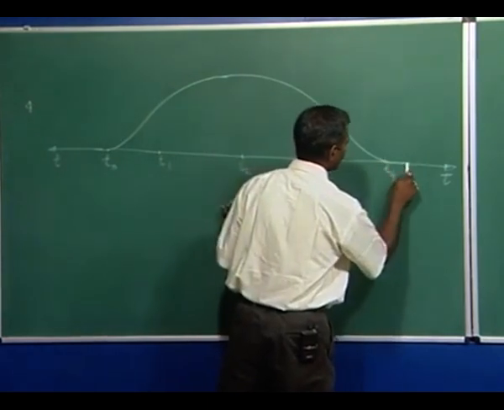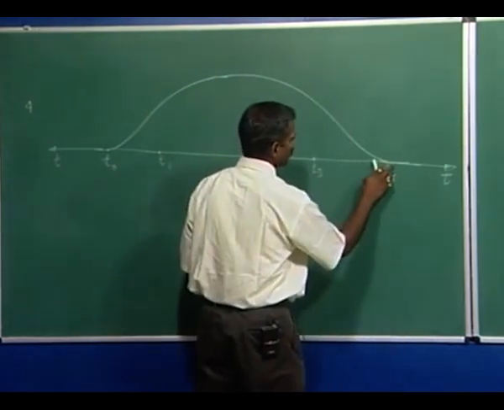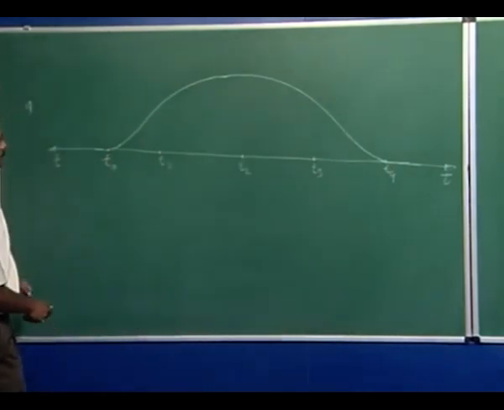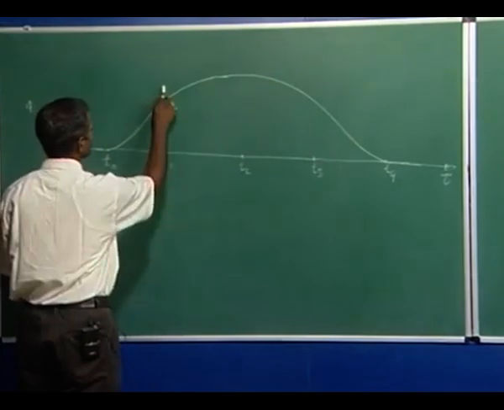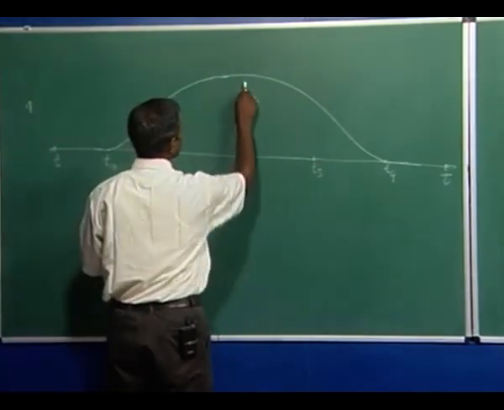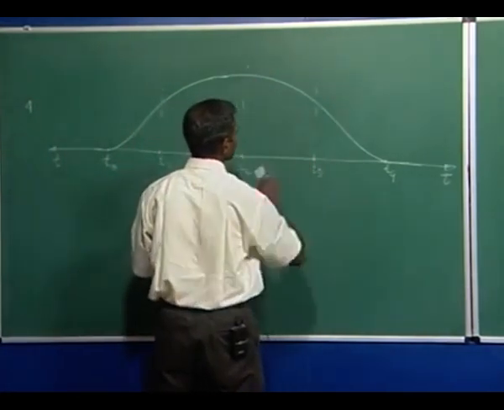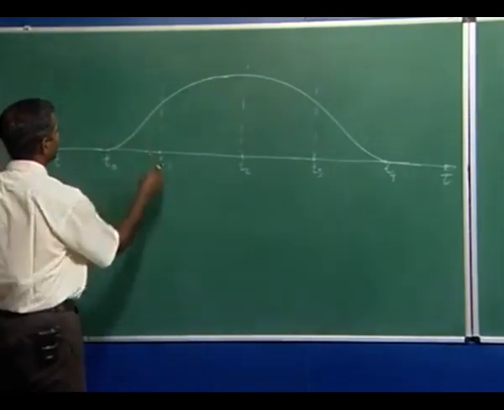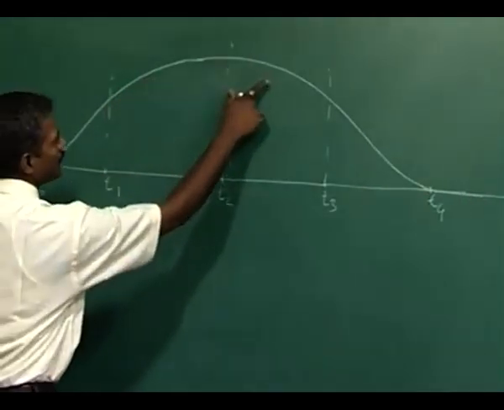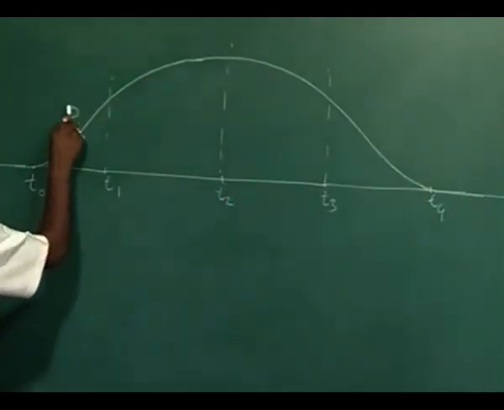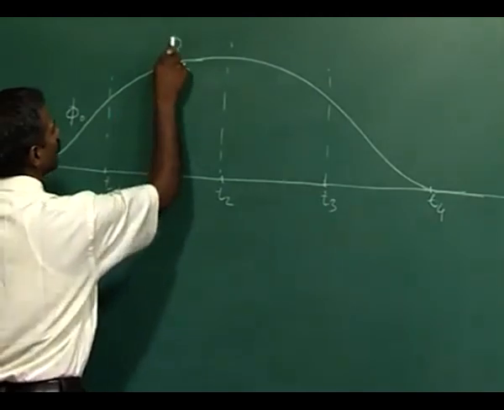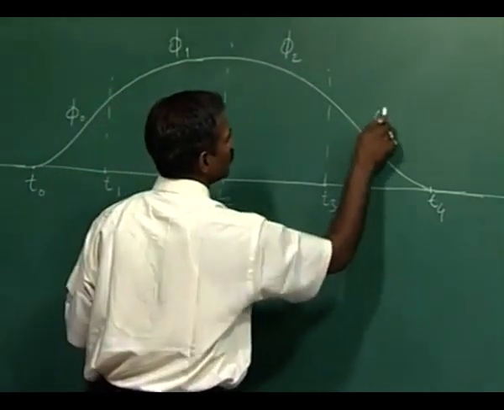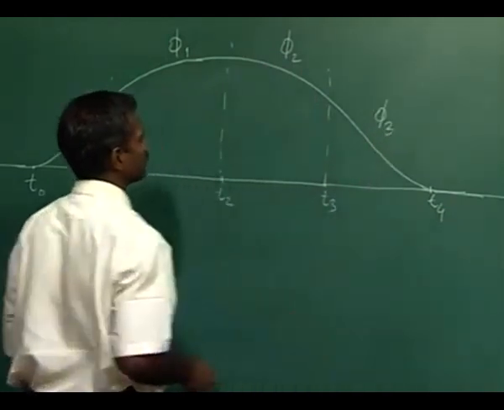Again, I'll have to be careful with regard to the continuity conditions both at T4 and T0. Let me name these segments: phi 0, phi 1, phi 2, and phi 3.